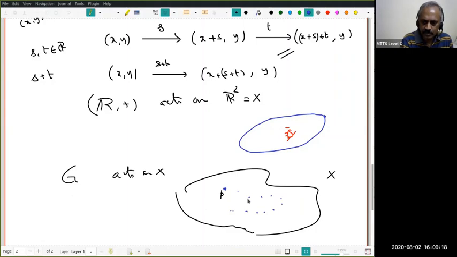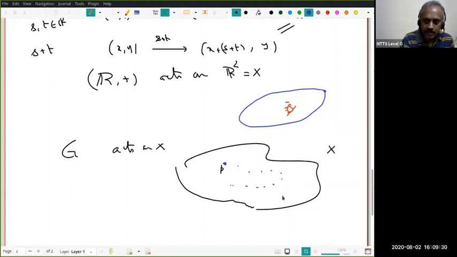So this will be G1 of P, this may be G2 of P, this may be G3 of P, or G may be, remember, it need not be finite. I'm just giving an example. You understand that? So what is the orbit? Orbit is the various places where P is pushed by the action of G. When G acts on P, it goes to various points. This collection of all these points is called the orbit.